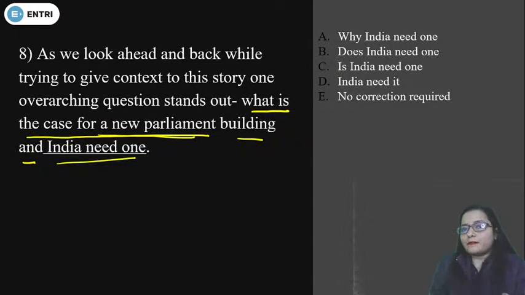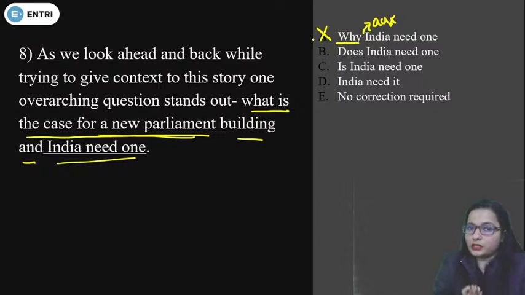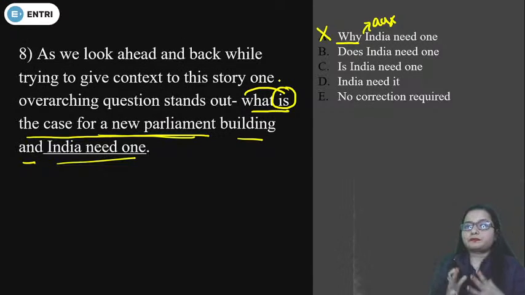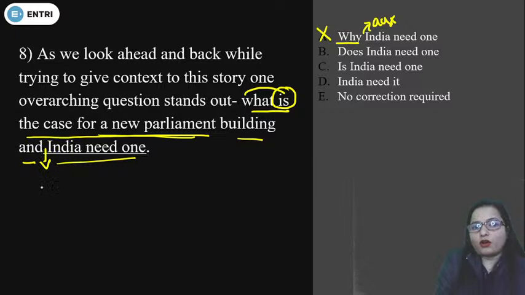If we choose why, then we need an auxiliary verb. It should be does, or anything, but we need an auxiliary verb here. What is, after what, after a wh word we have used the auxiliary verb. In a similar way, we need an auxiliary verb here if we write any kind of wh word.